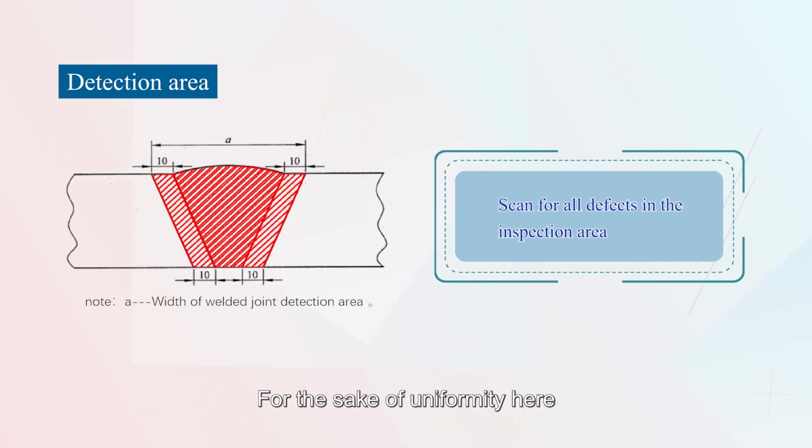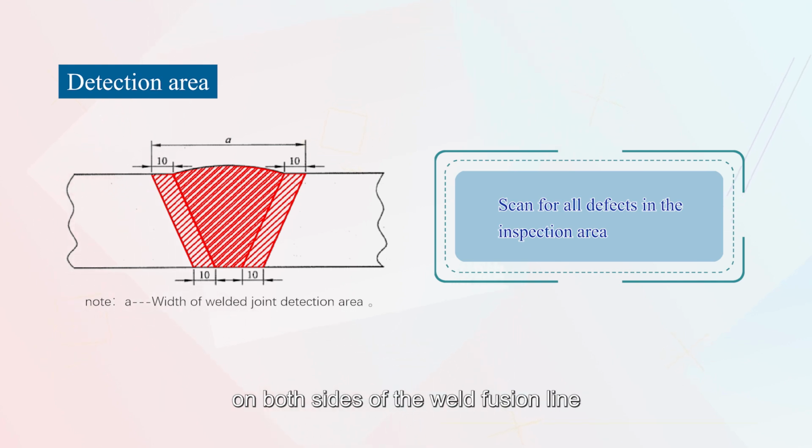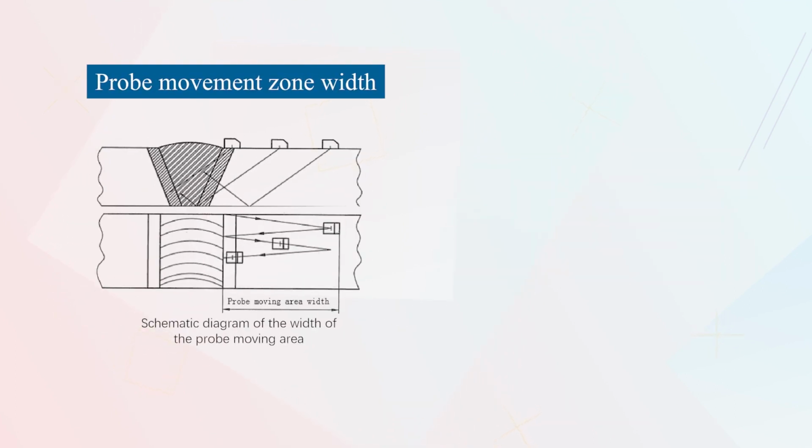For the sake of uniformity here, the standard stipulates that the width of the detection area should be the weld itself plus 10 mm on both sides of the weld fusion line. Take the V-shaped groove as an example, as shown in the figure.